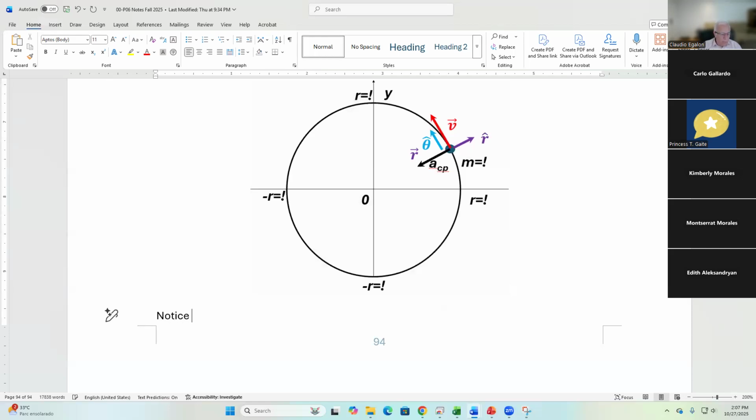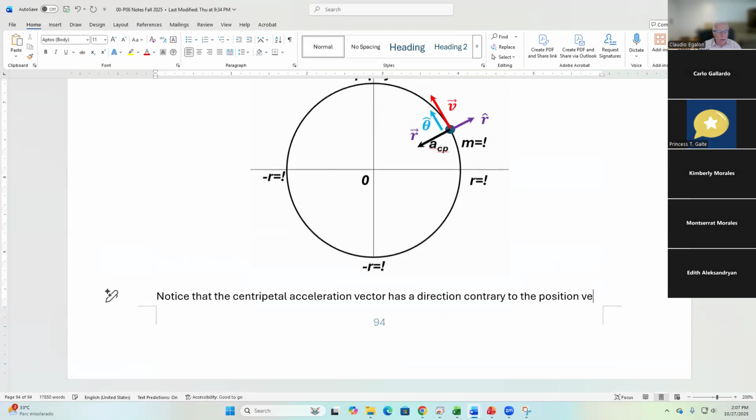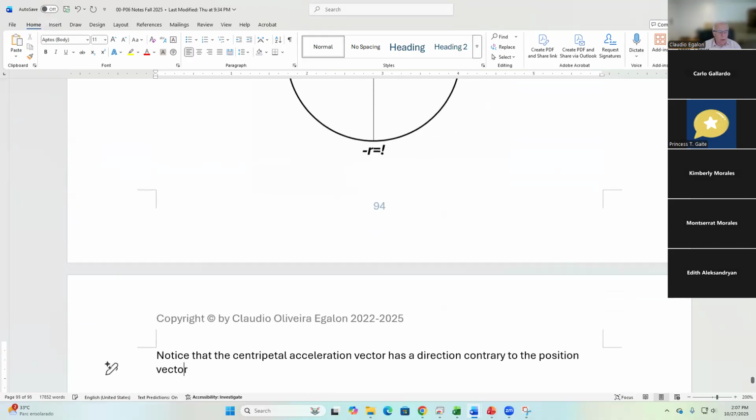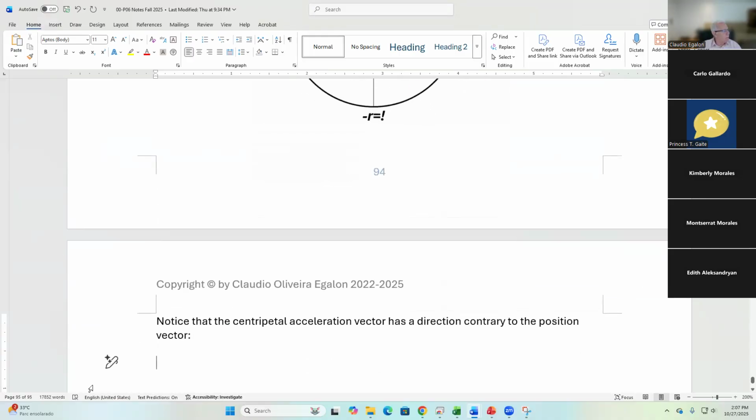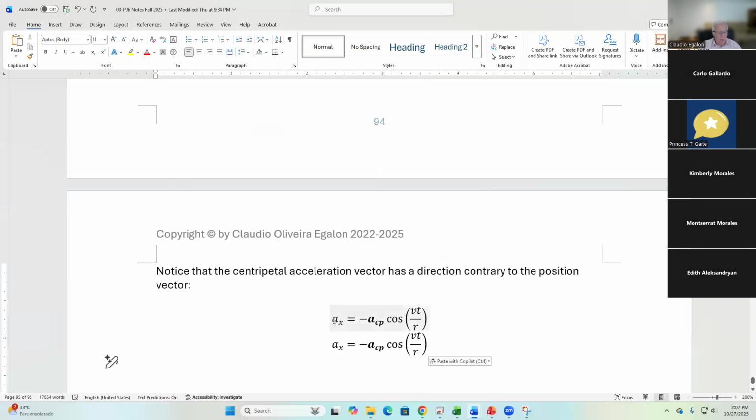Notice that the centripetal acceleration vector has a direction contrary to the position vector. Consequently, we can write something like that, you know? I'm going to write the initial step first. I'm going to need this one later on.